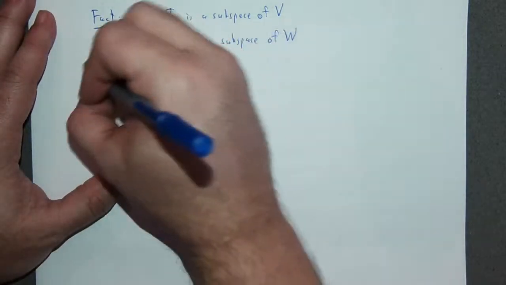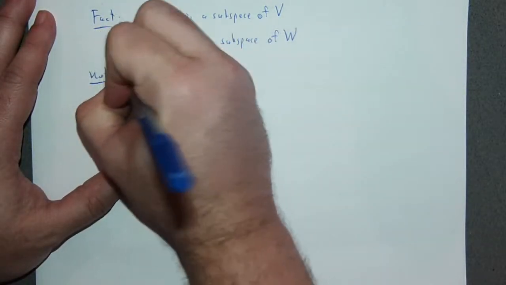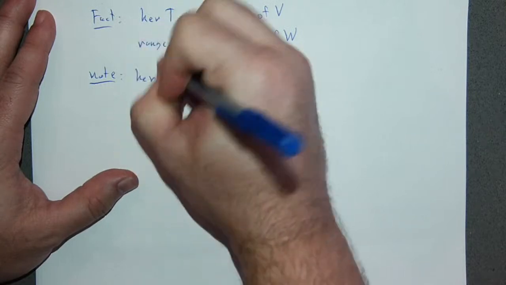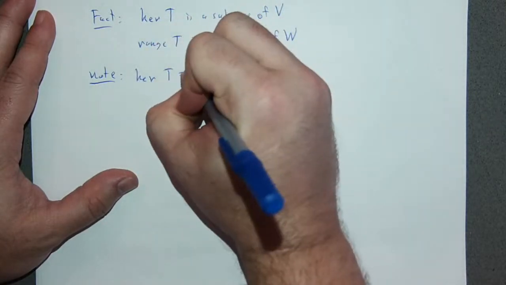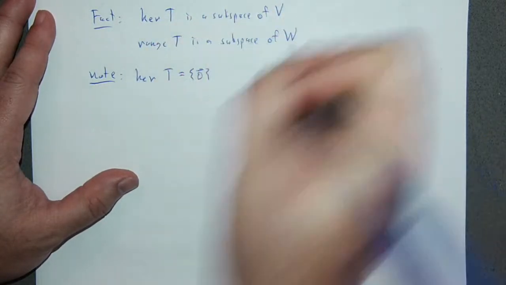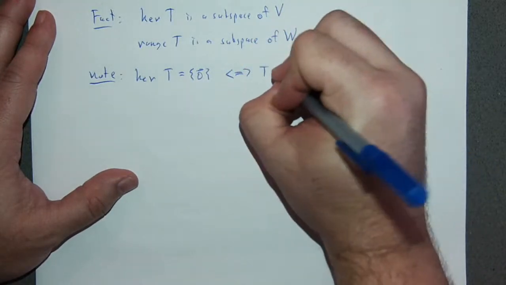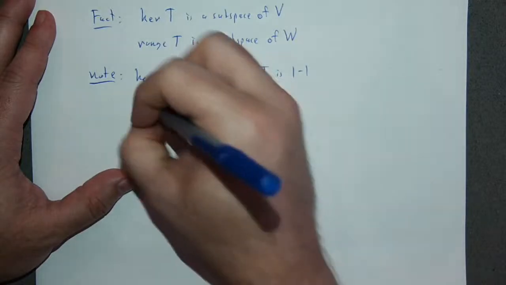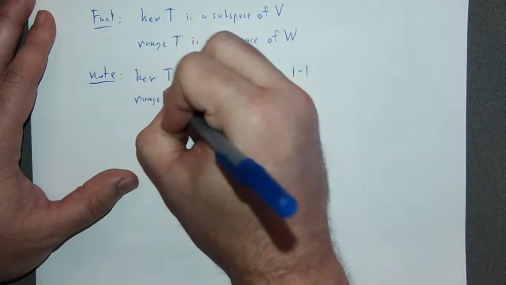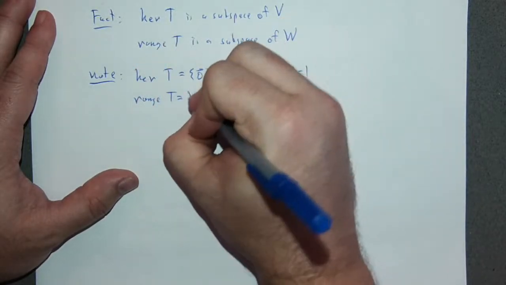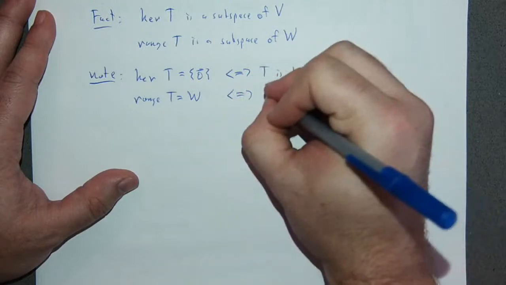So note, the kernel of T being the 0 vector happens if and only if T is 1 to 1, and the range of T is W if and only if T is onto.